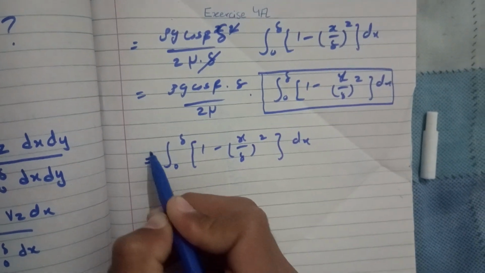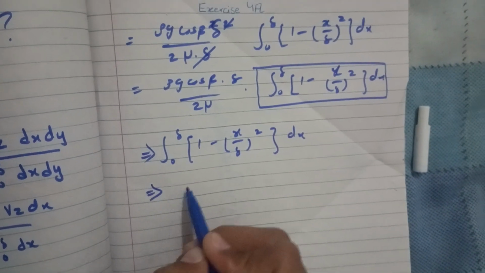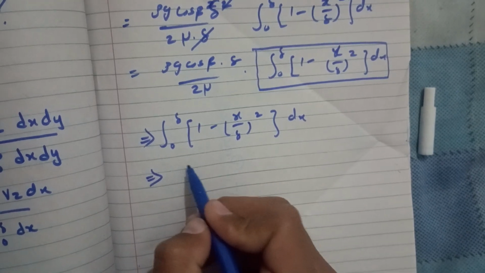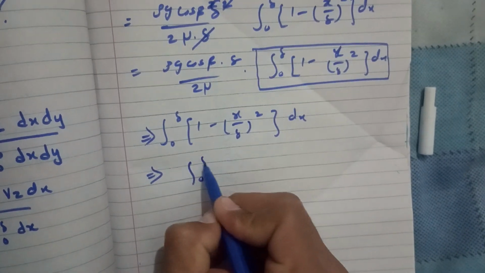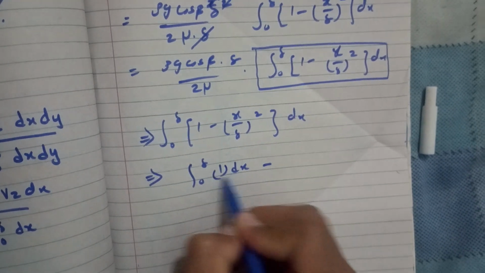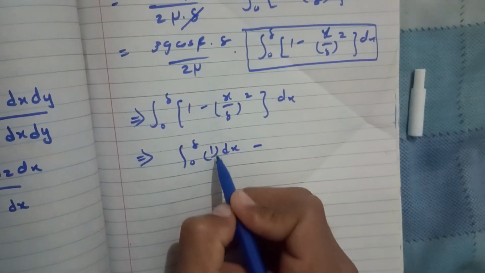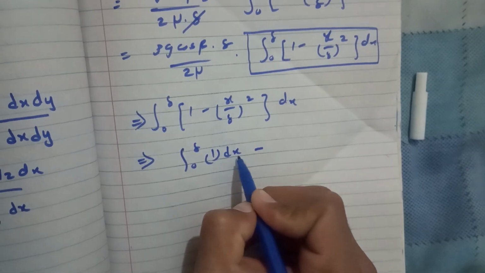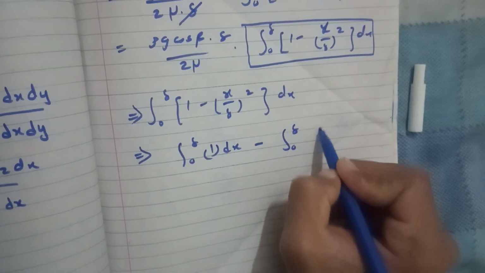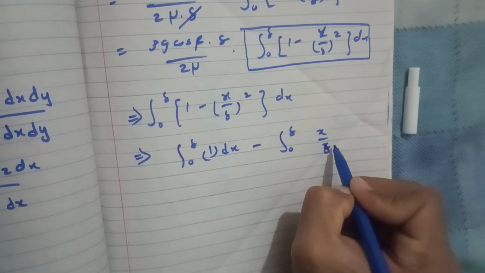We know from the basics that we take the integral of the individual terms. I have taken the integral with its limits for 1, and similarly for the other term, x over delta whole square dx.